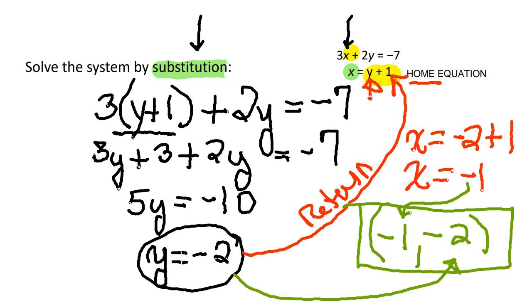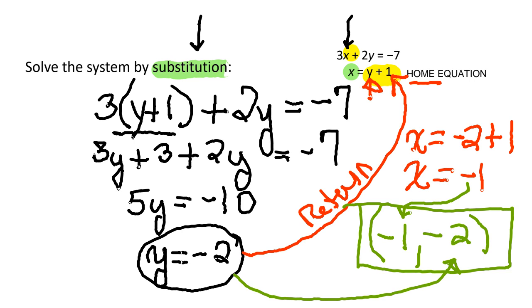Now, if I want to check it, I'm going to show you what I mean by check. Check means 3 times negative 1 plus 2 times negative 2 better equal negative 7.